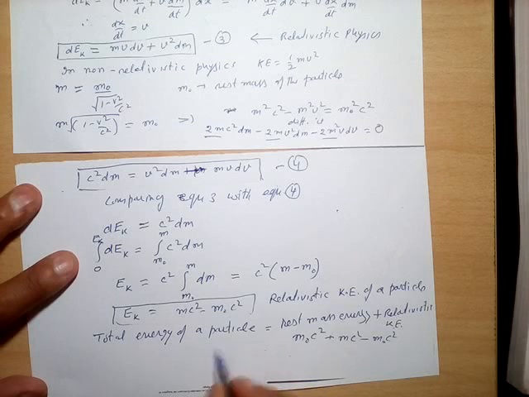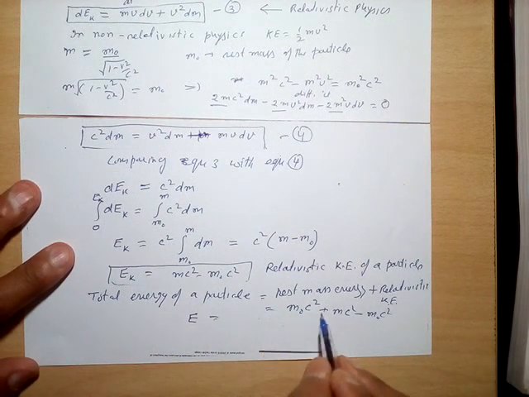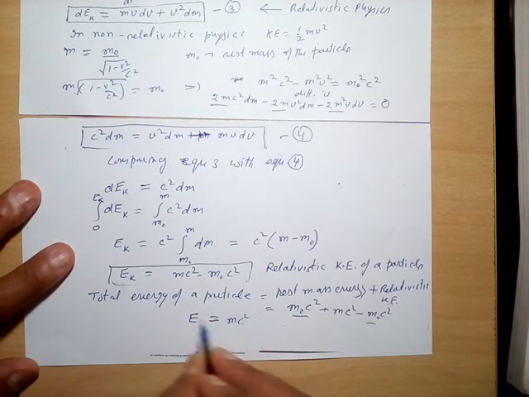I will denote it with the symbol capital E. The m naught c square terms get cancelled, and we get E is equal to m c square.